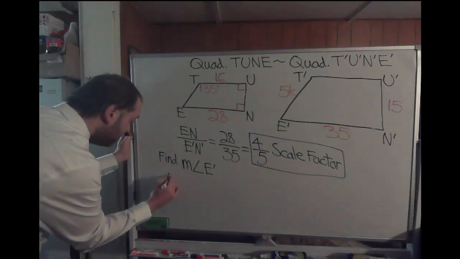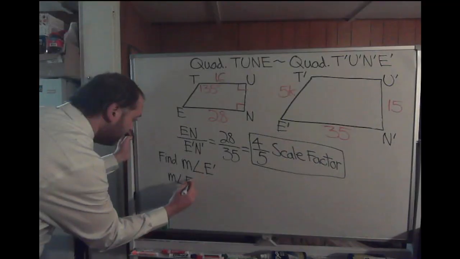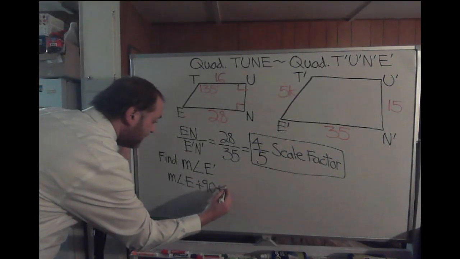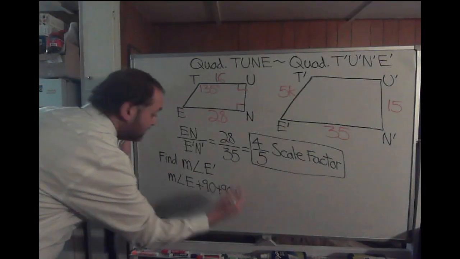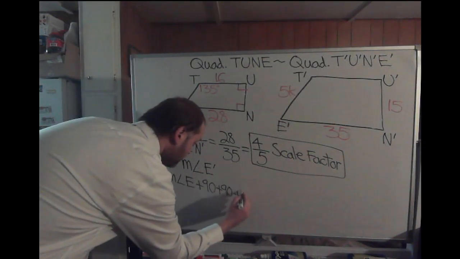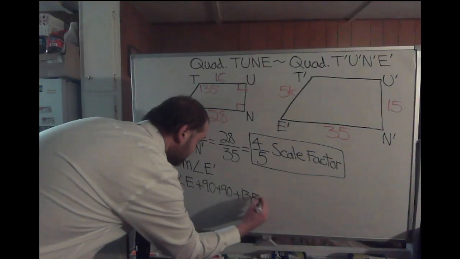So we know for sure, since this is a quadrilateral, that the measure of angle E plus those two 90-degree angles plus the 135-degree angle are equal to 360, right?